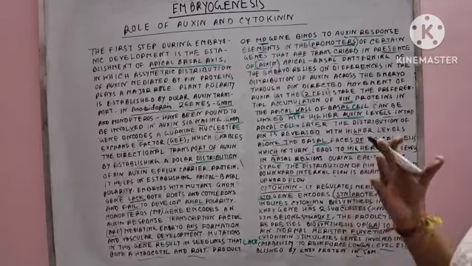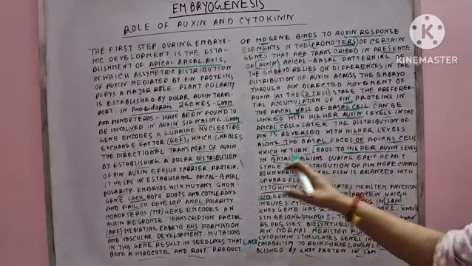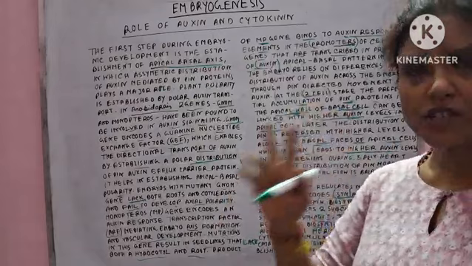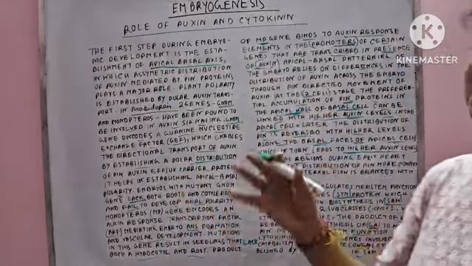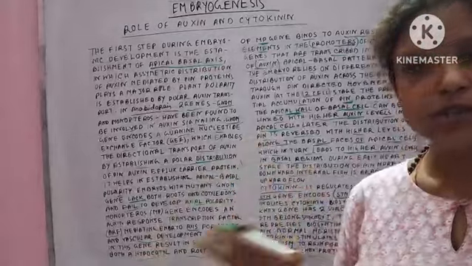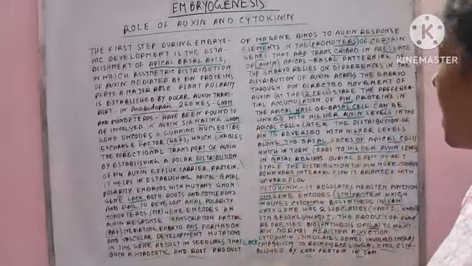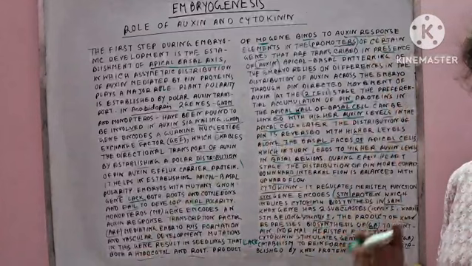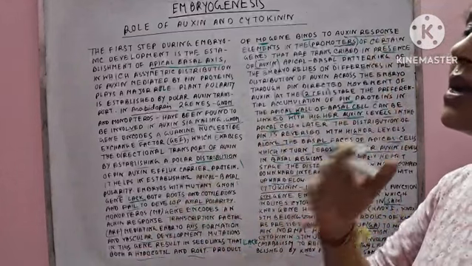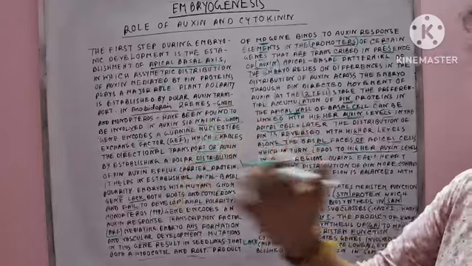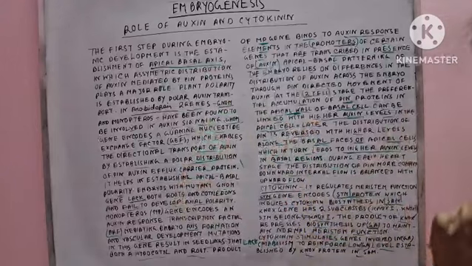So the main important thing is that cytokinin plays two major roles in the case of the gibberellin hormone. It controls both the anabolism and the catabolism of gibberellin. That means it represses the biosynthesis of GA and also promotes the catabolism of GA.